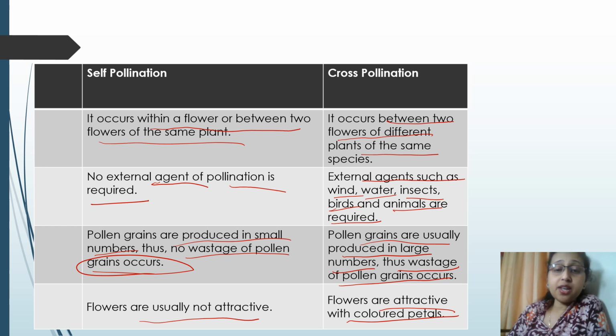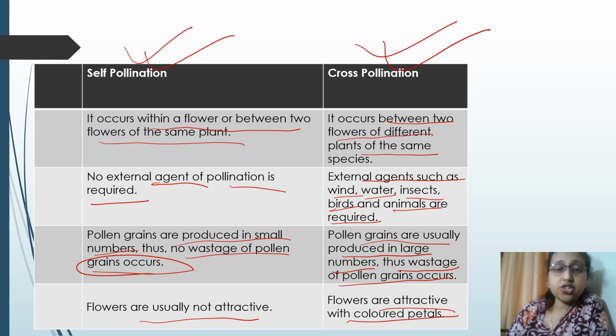So in cross-pollination, the flowers are always attractive with a sweet smell, sweet aroma, so that insects, birds, other animals will come near the plant and see the flower. Then the pollen will get stuck to their body, fur. They'll move from one place to another, and it will carry the pollen along. So this is how cross-pollination depends. So these are the four main differences between self-pollination and cross-pollination.